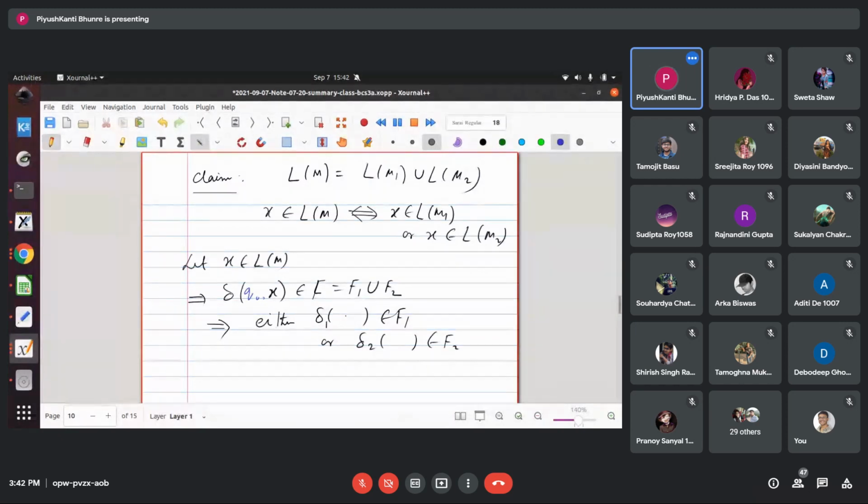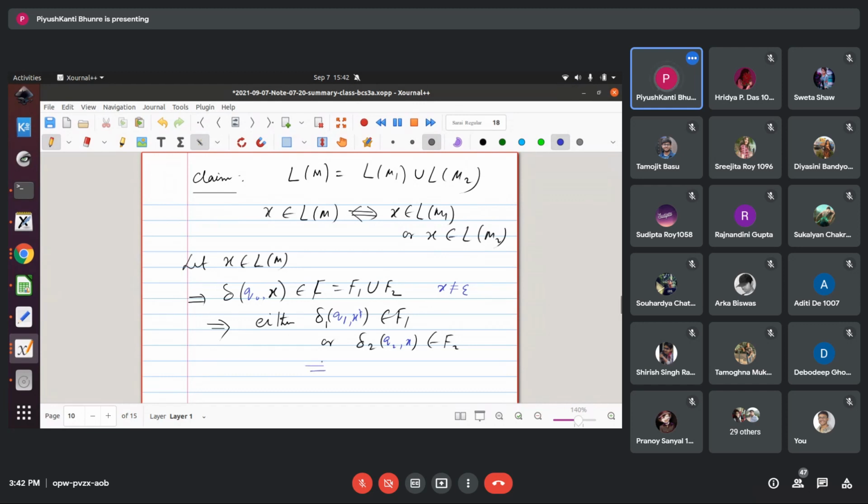So if X is not the empty string, then it's basically delta of Q1, X or delta of Q2, X.